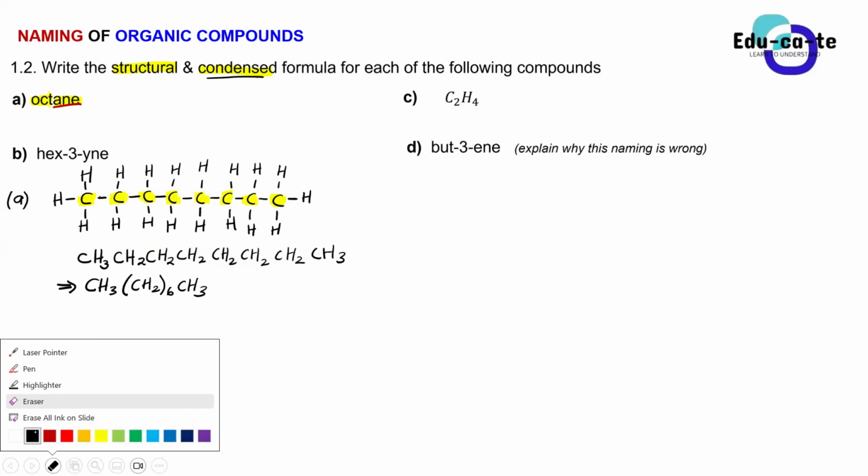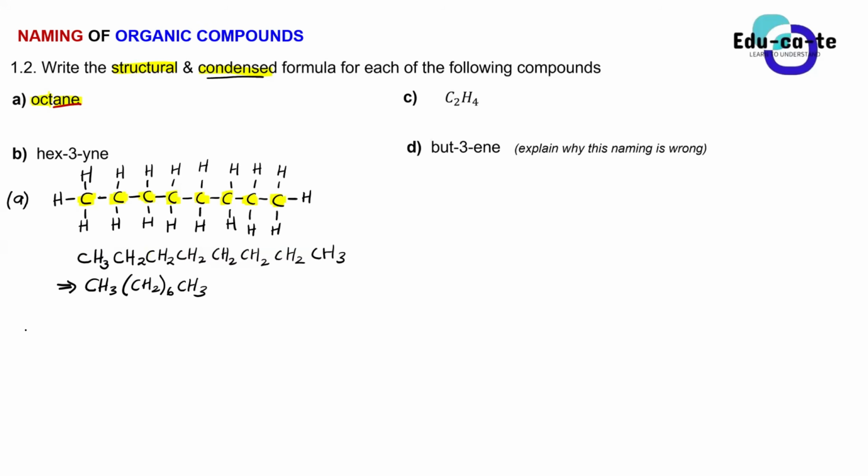Okay, let's go to B, guys. Hex-3-yne. Draw the structural formula and the condensed formula. How can we approach this?